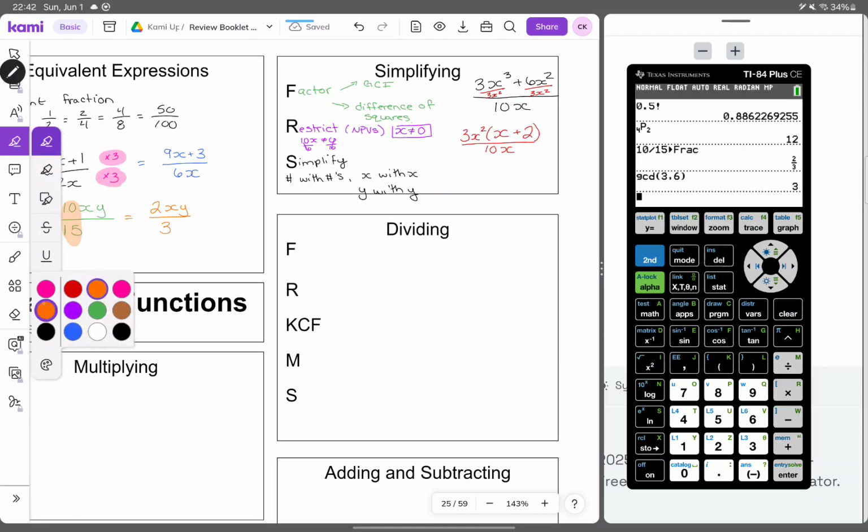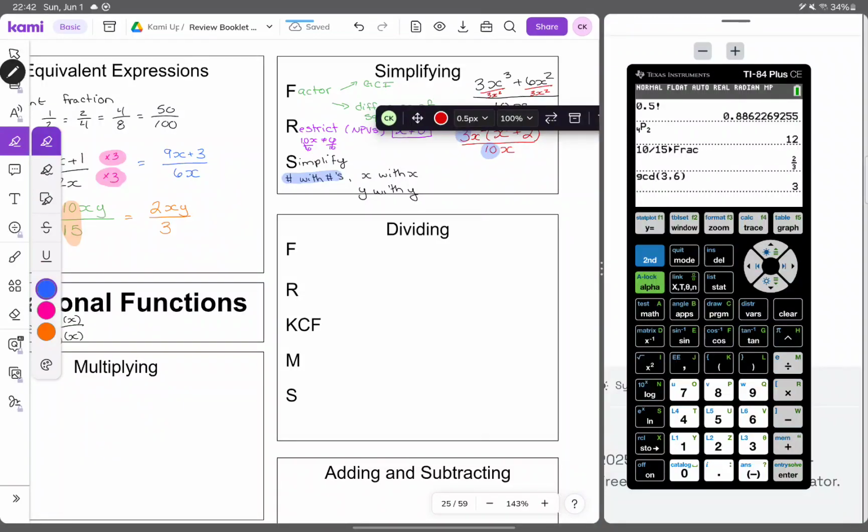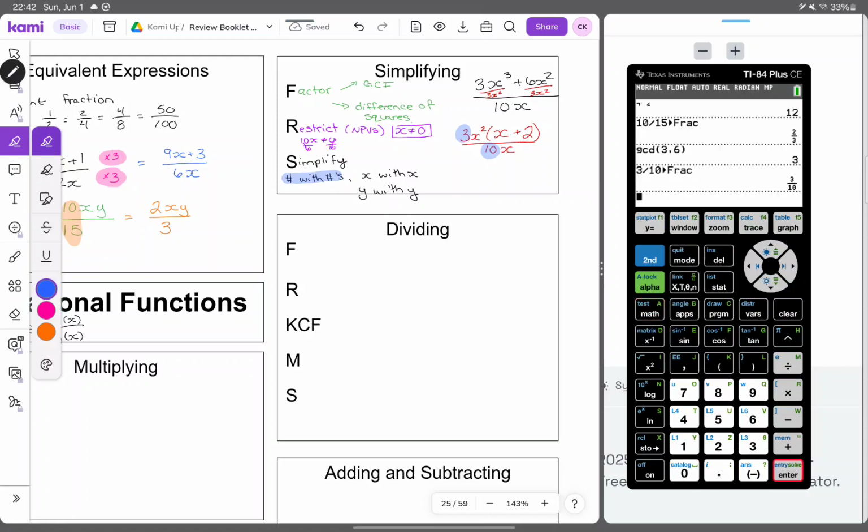So if I want to do numbers with numbers, I can try to see, can I simplify 3 and 10? All right, so let's see. We're going to go 3 divided by 10, and math frac it. Nope, I can't simplify that.